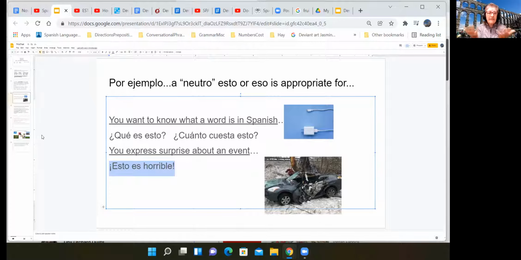Pregunta. Sí, Mariana. Does it also apply, the neutral and the generic, to the plural? So estos, is that? Quizás, maybe, but usually not so much. Something close. Estos is a masculine plural. Esos is a masculine plural, right?